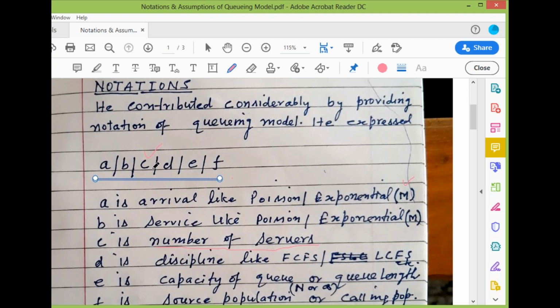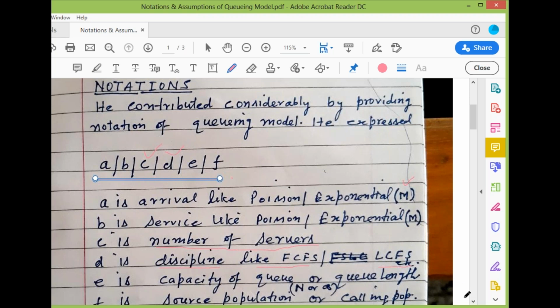And the fourth is D. D represents the discipline, like first come first served, last come first served, service in random order, or priority discipline. Priority may be preemptive or non-preemptive. So the fourth letter represents the discipline of the queuing model.